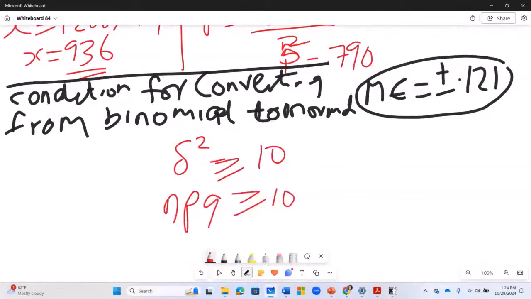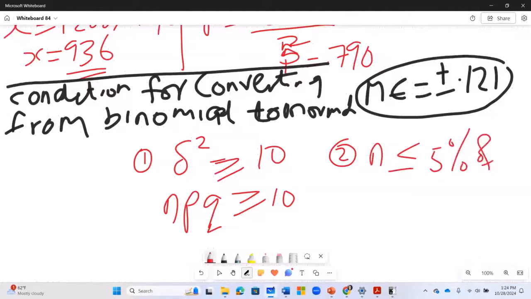That is condition number one. Condition number two is that the sample must be less than or equal to 5% of the population. And what is the population? Capital N. By the way, what is the population here? Population is 1,200.